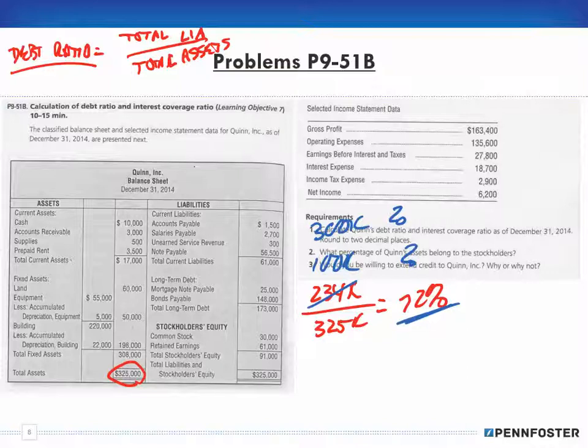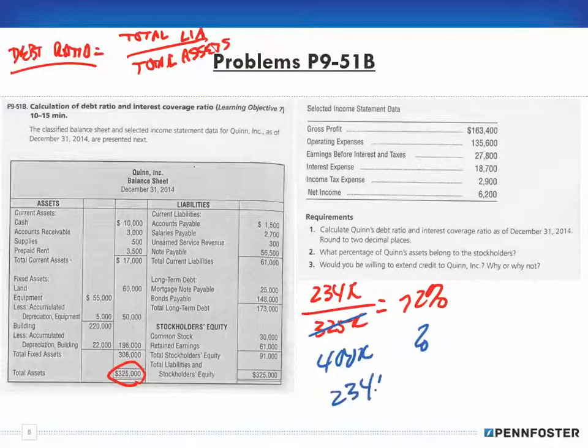And then also work the asset side of it. Take the assets and increase it to 400,000 and see what happens. Decrease it to 234,000, see what happens. Decrease it to 200,000 and see what happens. This way you get a feel for how that ratio works and what it's supposed to represent.